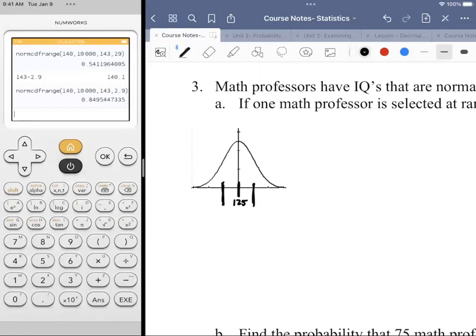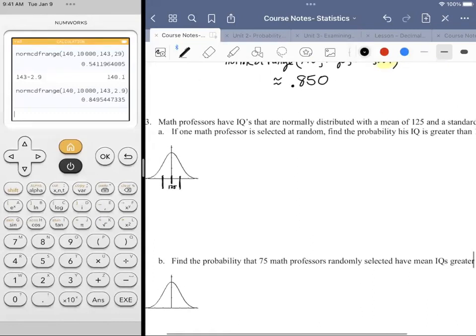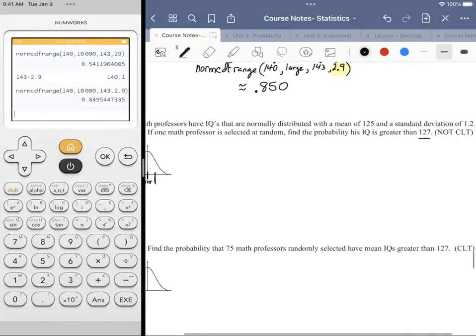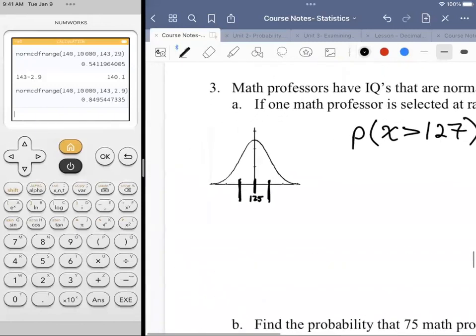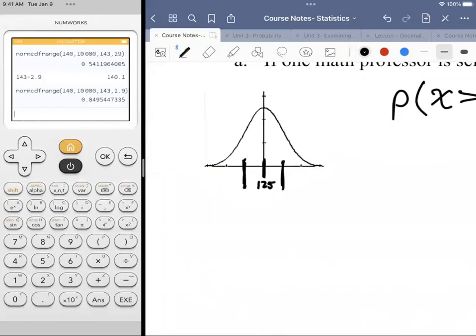All right. So I want to know the probability that an individual selected at random is going to have an IQ that's greater than 127. So I'm incrementing by 1.2, so this would be 126.2. This would be 127.4.